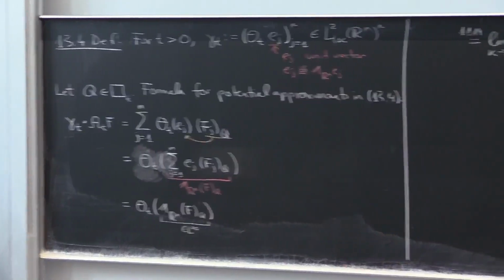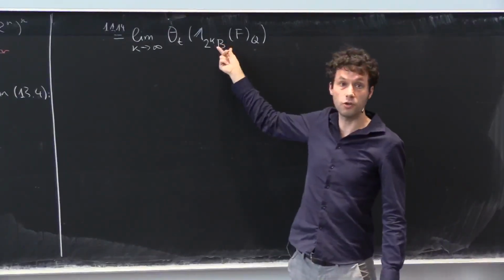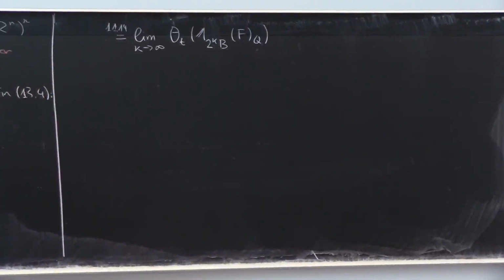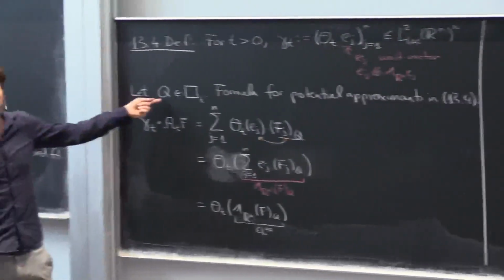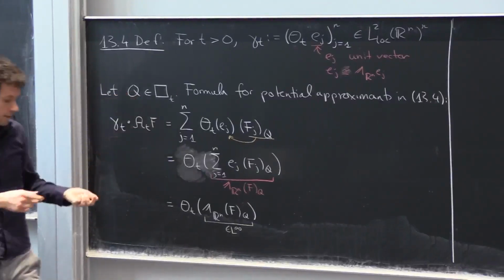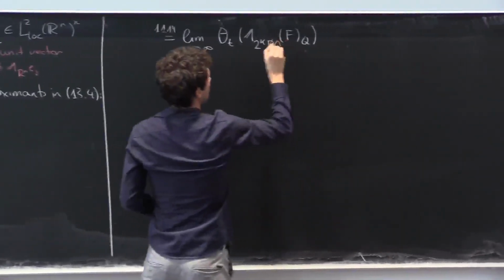And I had a freedom in this definition because it did not depend on the choice of b. B could be a ball, it could be a cube, and it could be any ball or any cube. Now guess which cube or ball I'm going to take to make the computation easy. Of course, I'm taking the same cube where I'm trying to compute the product. So I replace this b, I take b just as q.